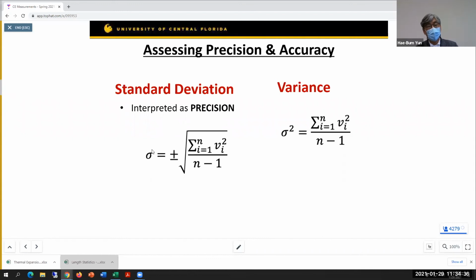Sigma is the symbol for the standard deviation, equal to plus or minus the square root of the sum of v squared, divided by n minus 1. What was the v? v was the residual, right? And variance is the square of the standard deviation. So by having this standard deviation, you can quantify the precision of your measurement.